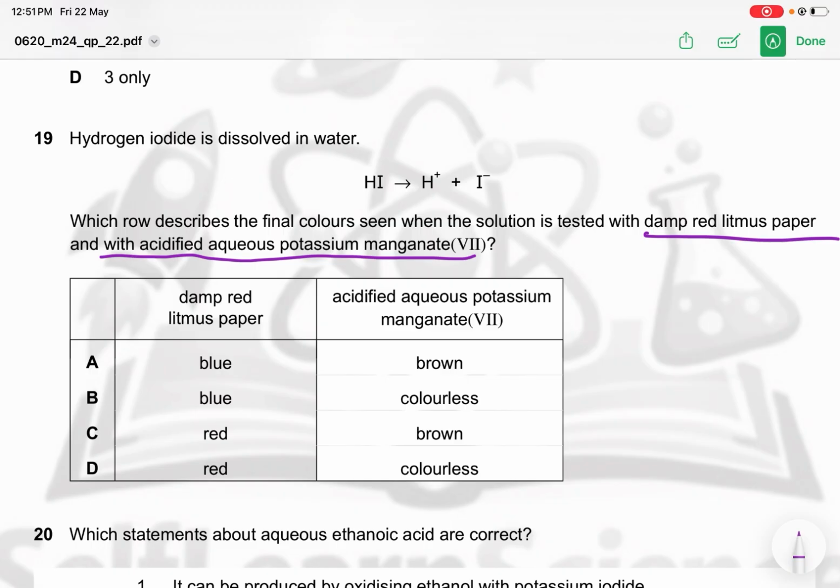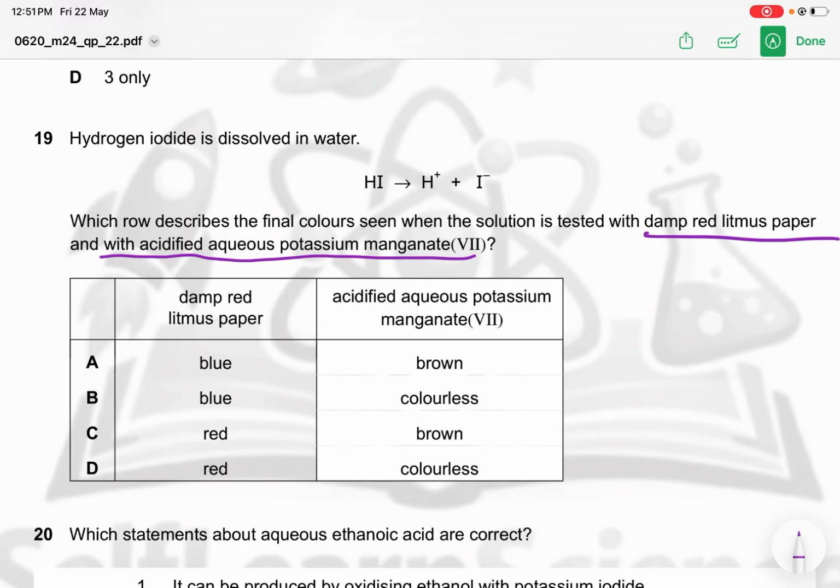Now, when I test it with damp red litmus paper, it should give me red color. So we have C and D both, that is red, and with acidified aqueous potassium manganate, I will get brown color.